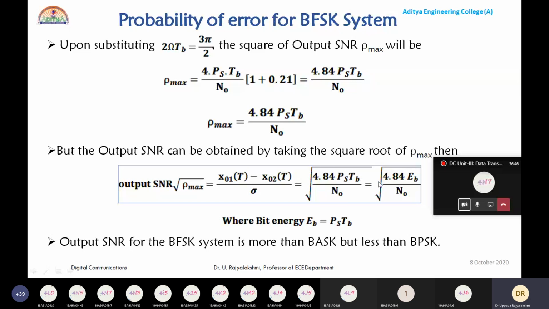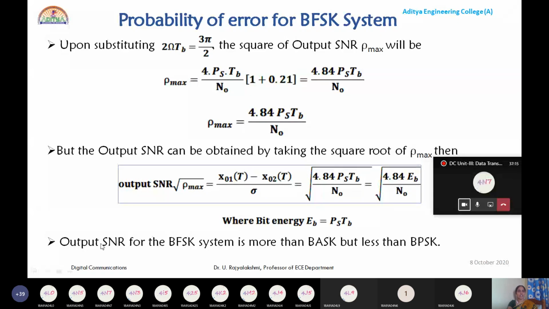So we replaced EB as PS into TB, then you will get root over 4.84 EB by N naught. EB is the bit energy, which is PS into TB. So finally you got the output SNR for BFSK system, root rho max, equal to root of 4.84 EB by N naught.